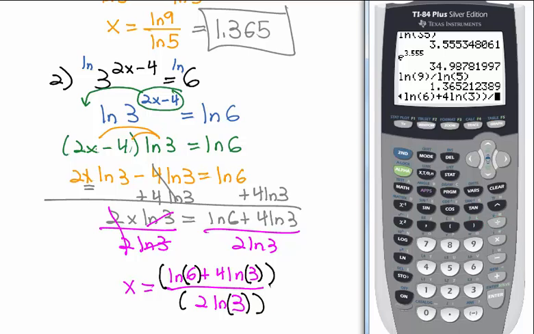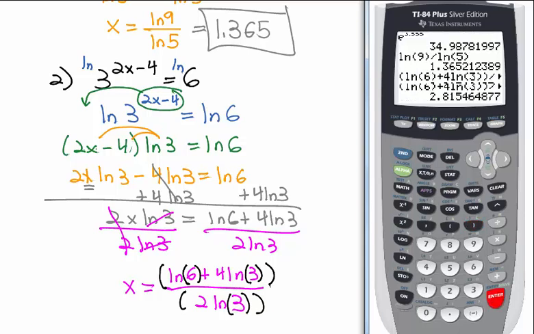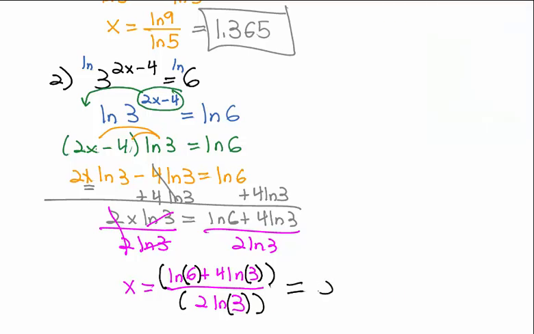Divided by, open a parentheses for the denominator, 2 natural log of 3, close the parentheses on the natural log, close the parentheses on the denominator, and our x, our solution, is 2.815.